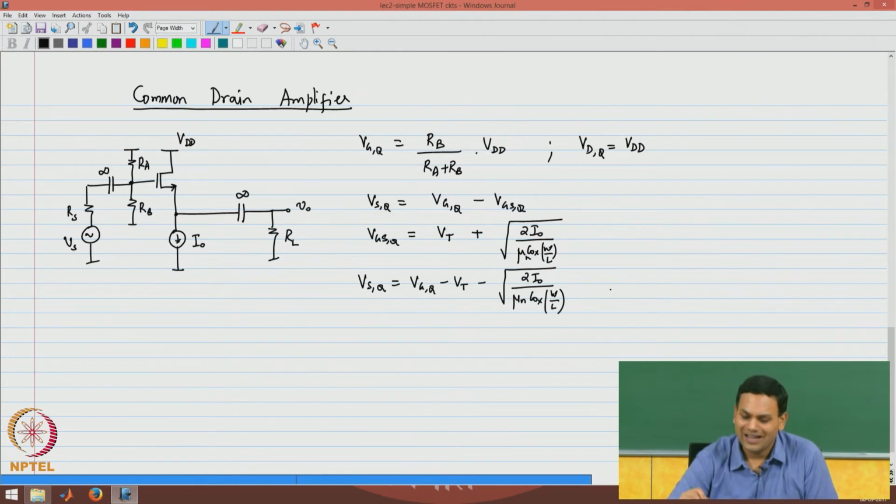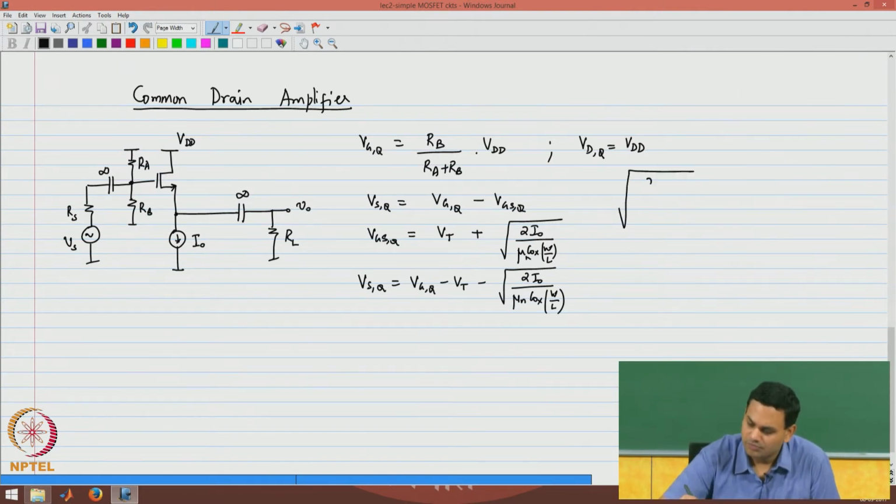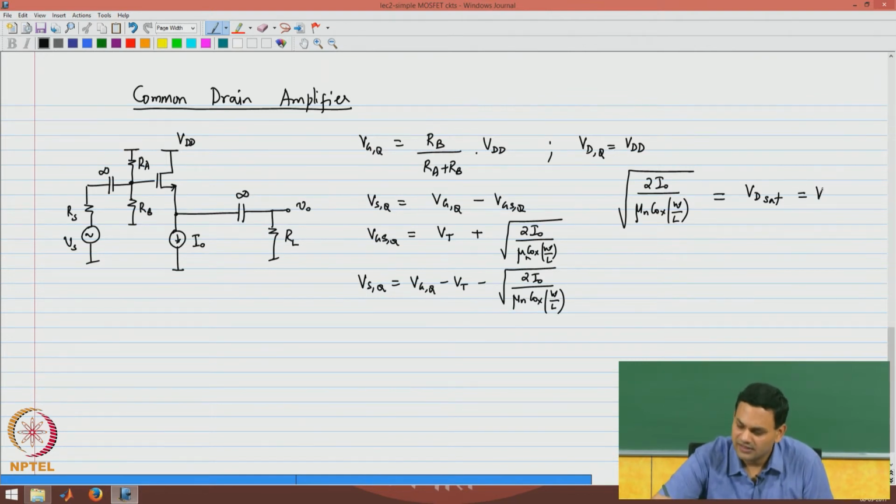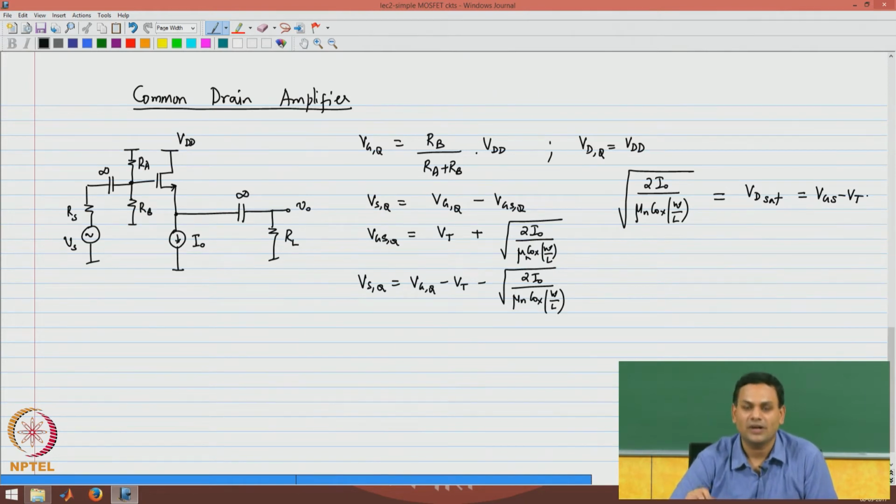Now, one last thing to note as an aside, this parameter, root of 2 I naught over mu n Cox W over L, is often called the VDS sat of the transistor. This is nothing but VGS minus VT at the operating point, at the quiescent point.